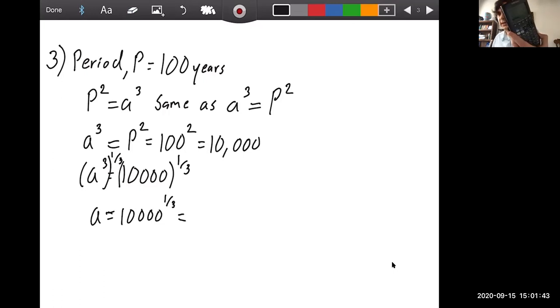I'm going to plug that into my calculator. 10,000, raise that, which is usually a caret sign, something that looks like that on your calculator. So on your calculator, you're probably going to put something that looks like this. Oh, let me write that a little more clearly.